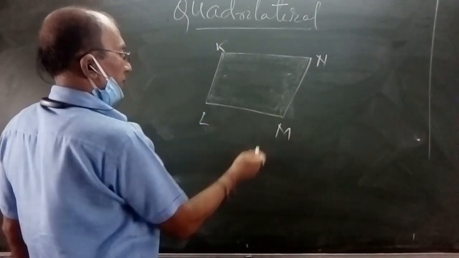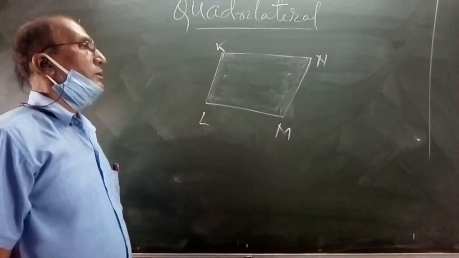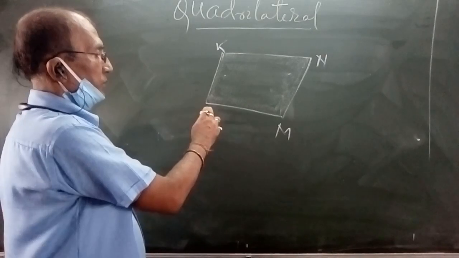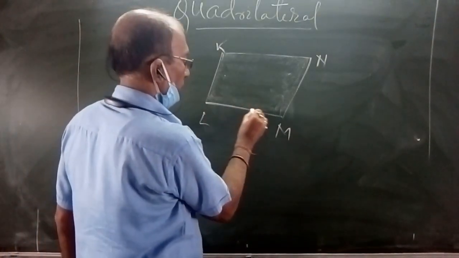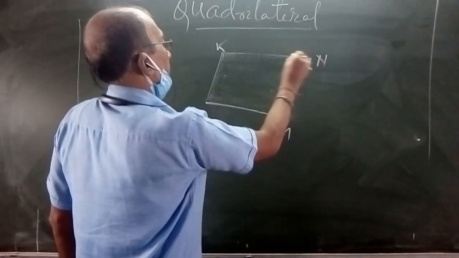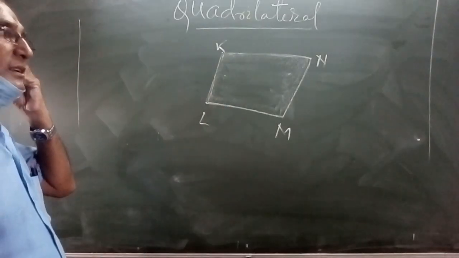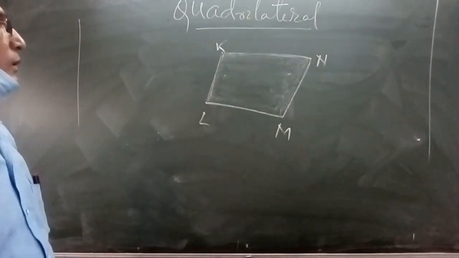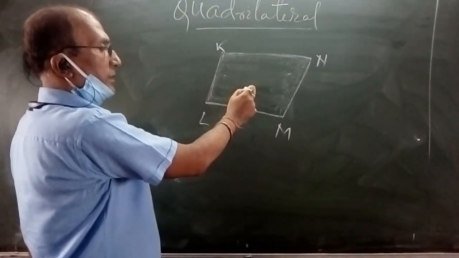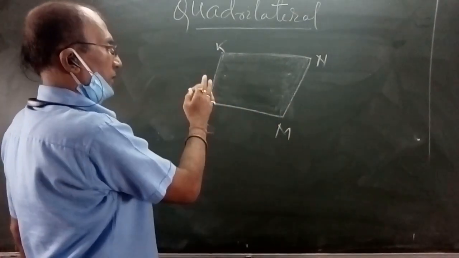This part and this part are outside of the quadrilateral, so exterior part. And the third part is boundary of the quadrilateral. KLMN is boundary. So a quadrilateral has three parts: interior of the quadrilateral, exterior of the quadrilateral, and boundary of the quadrilateral.